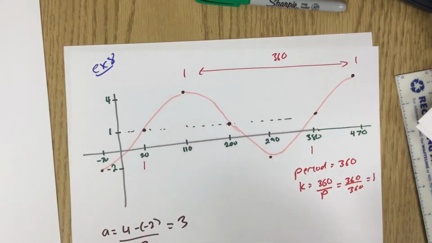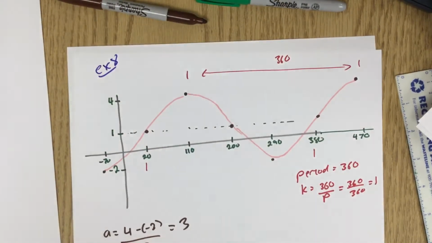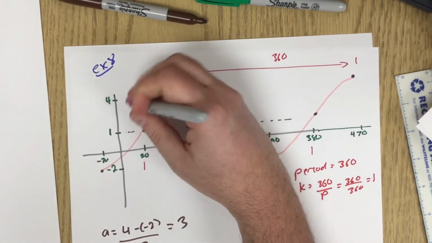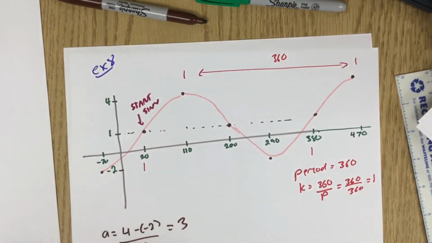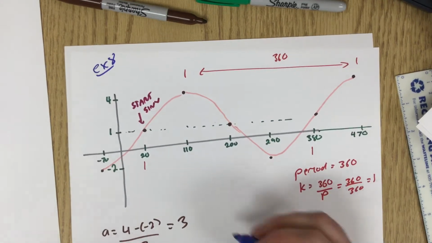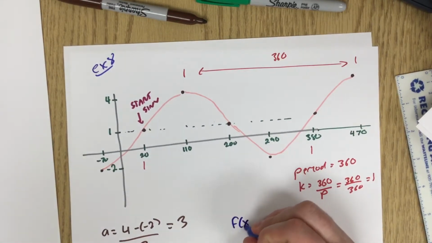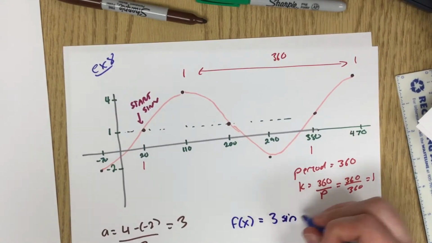I kind of dashed it over there to make it obvious. The d is 1, and the c, we could say, is starting over there. So this is the start of a sine x graph, because that's in the middle going up.